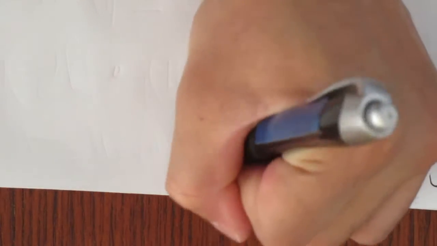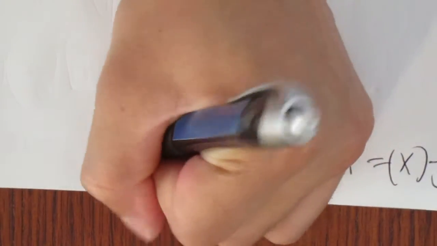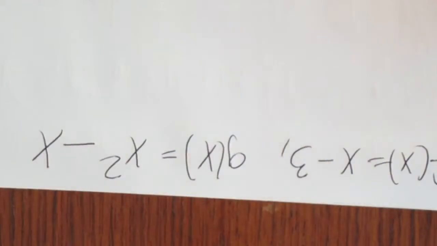Okay, let's do another one, but this time it's a little bit trickier because instead of a number, we're using a letter. It's the same f of x and same g of x, so f of x equals x minus 3 and g of x equals x squared minus x.